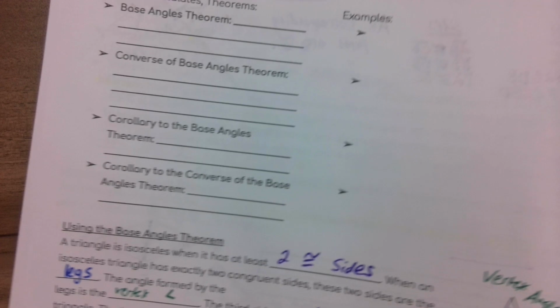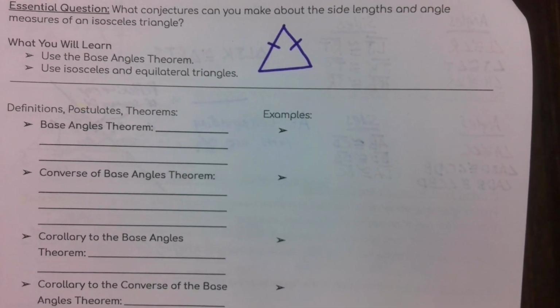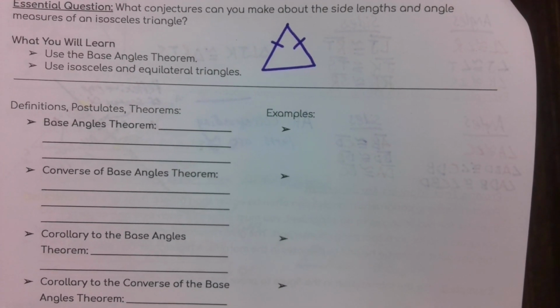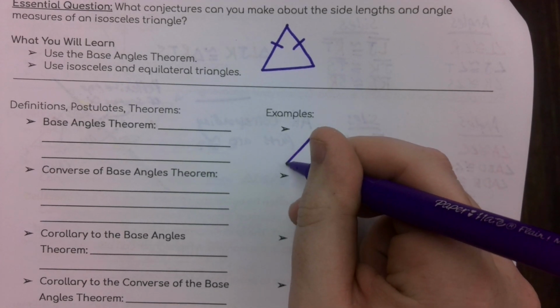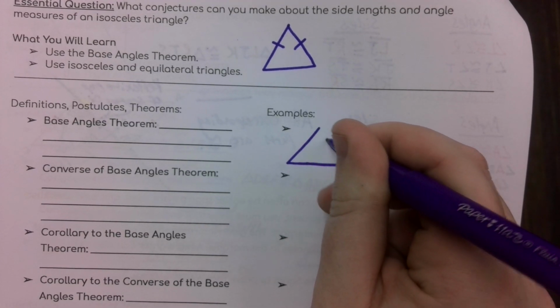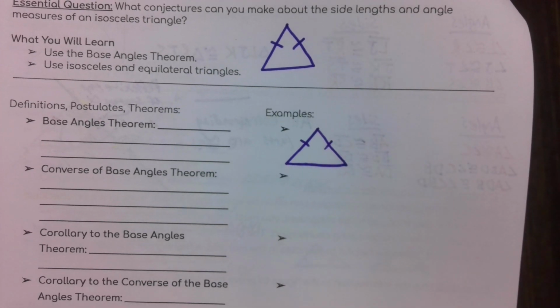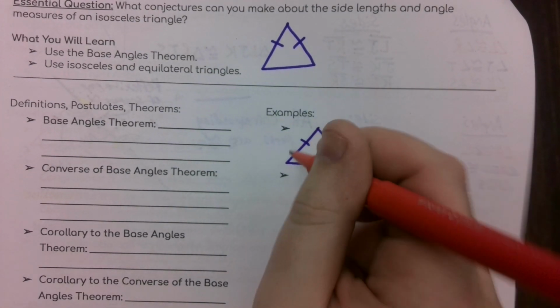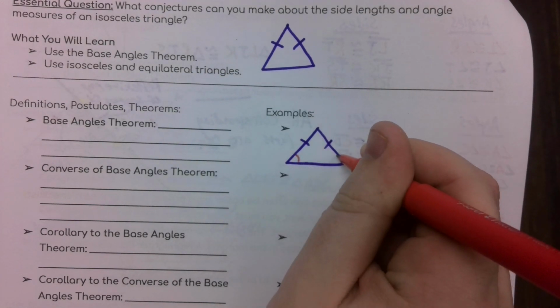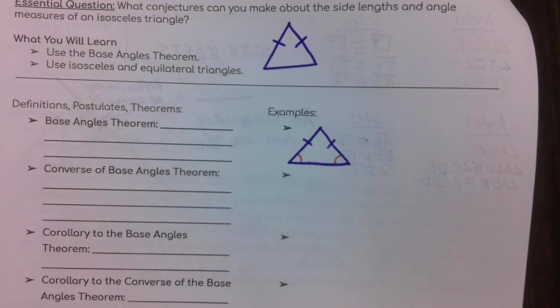Let's take a look at the following theorems. The first of the theorems that I want to talk about is the base angles theorem. The base angles theorem says if you have an isosceles triangle, a triangle where two sides are congruent, then those base angles are also going to be congruent.